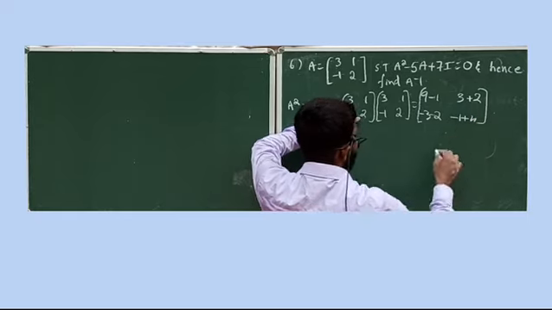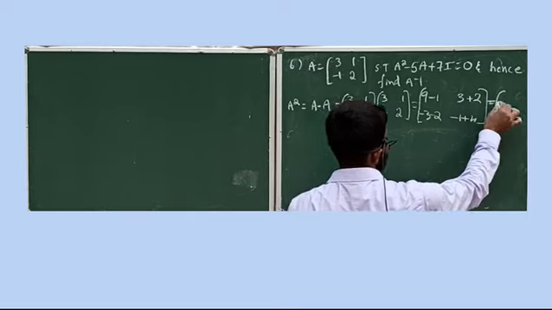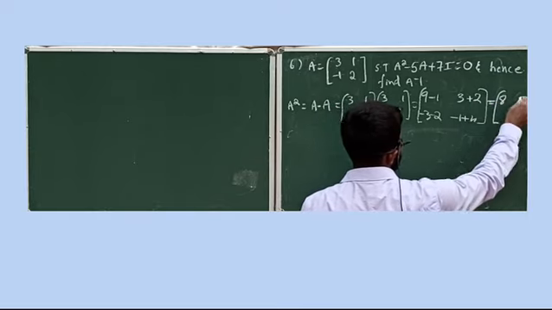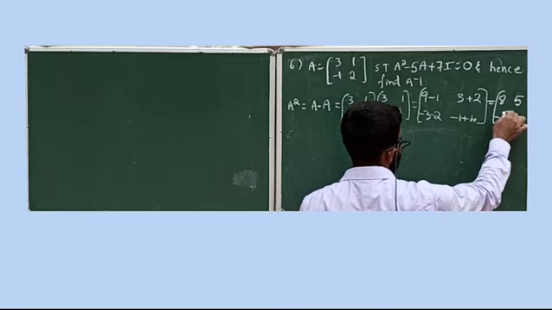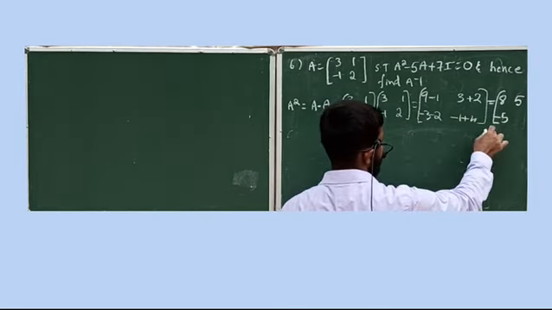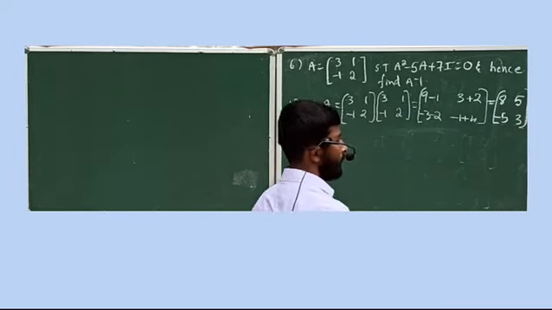Simplify: 9 minus 1 is 8, 3 plus 2 is 5, minus 3 minus 2 is minus 5, and minus 1 plus 4 is equal to 3. Okay, that's the value of A square.